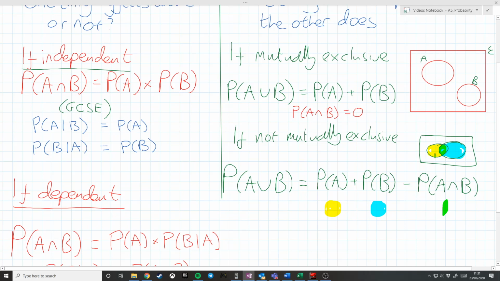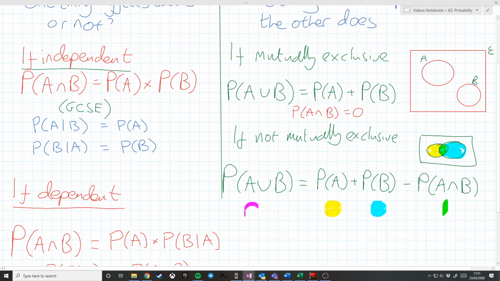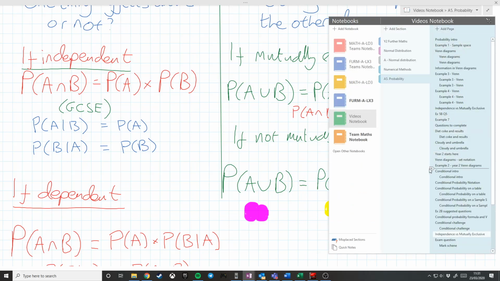We would get two lots of the intersection, because if I took A and B, I would have two lots of the intersection, so I've got to take away one of them. And overall, you will get the probability of the whole thing. It should look something like that. So the probability of the whole thing with only one intersection is A plus B, take away one of the intersections. And we covered that before, but there are some questions on that.